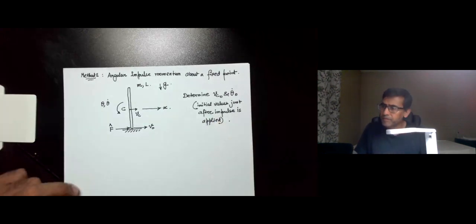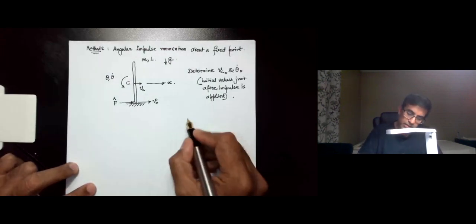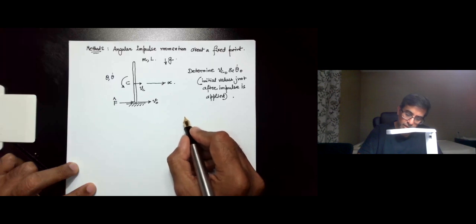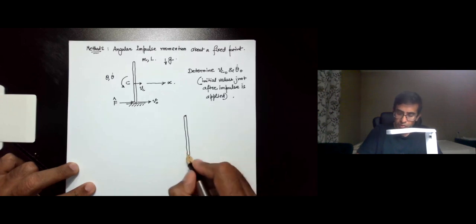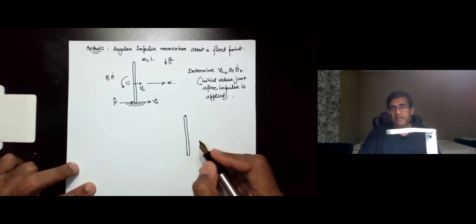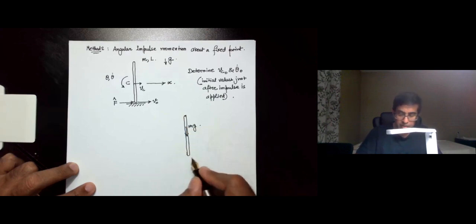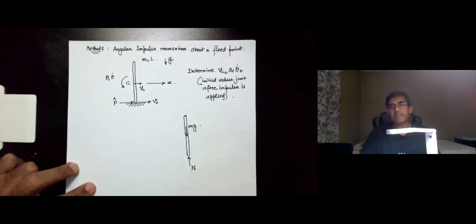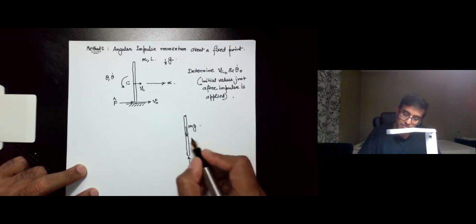All right, so let us draw the free body diagram. We are considering the instant when the impulse is applied. At that instant, the gravitational force is, of course, always vertically downwards, but at that instant it is along the same line as the normal reaction.